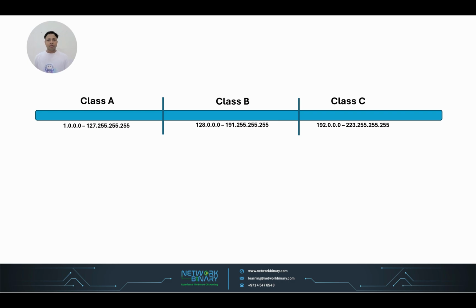Still, I see that there are a lot of IP addresses in the ranges for class A, B, and C. It means we still need a little more management to manage these ranges for networks. So we have something to arrange them in a network, and that is called the subnet mask. We have a default subnet mask for each class, defined by IANA.